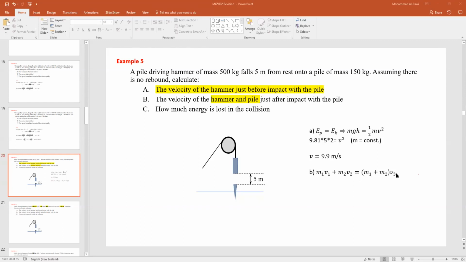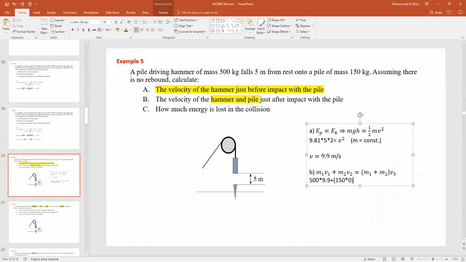So technically, if I try to solve this equation, I will show you how it works. So M1 is 500, the mass of the hammer, multiplied by the velocity we found earlier, 9.9 meters per second, plus, now I put brackets to not confuse you, the pile mass is 150, it's given in the question, times the velocity of the pile. The pile is constant, it's not moving. So technically that will be 0.